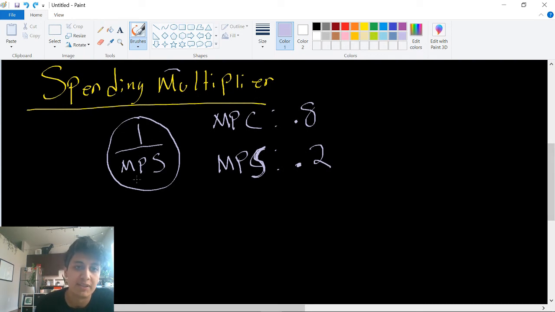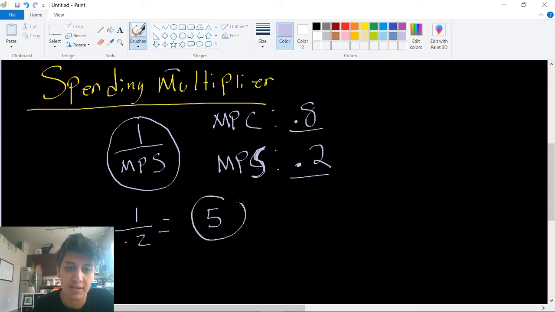So if we look at our spending multiplier equation, it is 1 over the MPS, and we know our MPS to be 0.2 because our MPC is 0.8. So let's go ahead and just plug that in right quick. We have 1 over 0.2, which equals 5. This is going to be our multiplier. So now the government knows this.